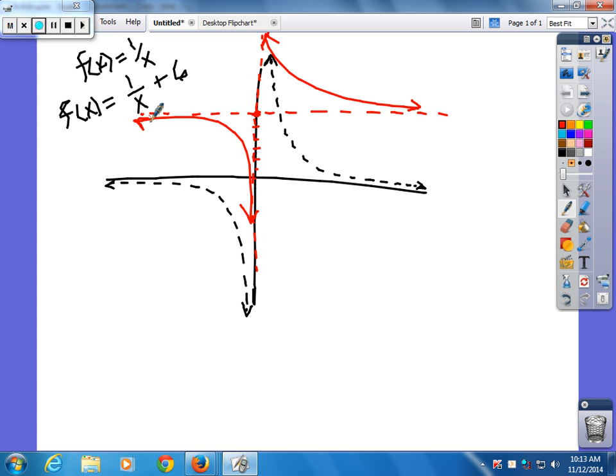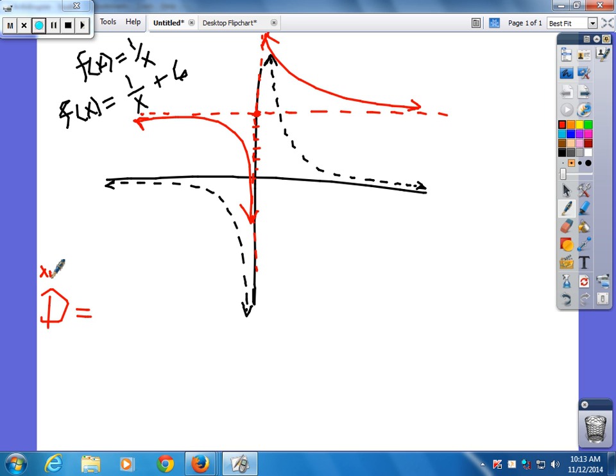So, what is our domain for the red graph? Negative infinity to what? 0, and 0 to what? Positive infinity. So would it be to 0 though, or would it be to 6? Since domain has to do with what axis?